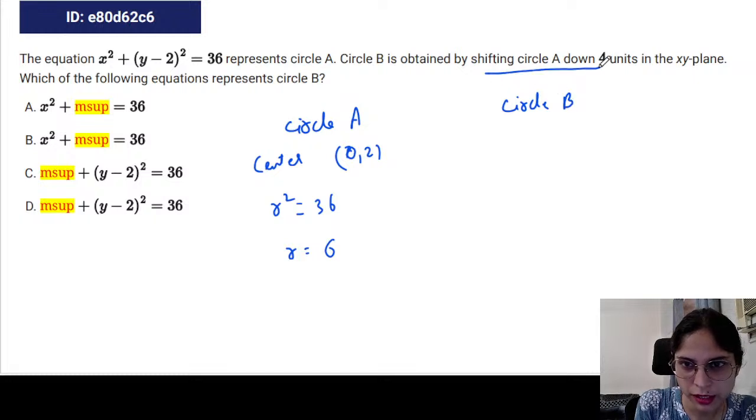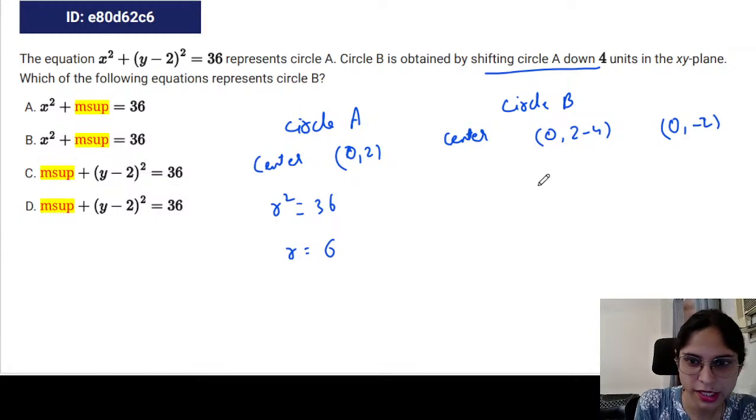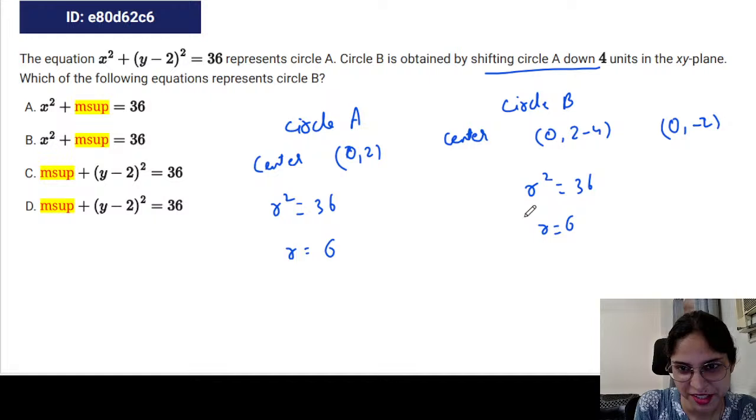We are shifting circle A down 4 units, so it will be 0, 2 minus 4. That will become your center. So center is 0, negative 2. And everything else is same, so radius squared is 36, radius is 6. So the equation is going to be x squared plus y plus 2 whole squared equals 36.